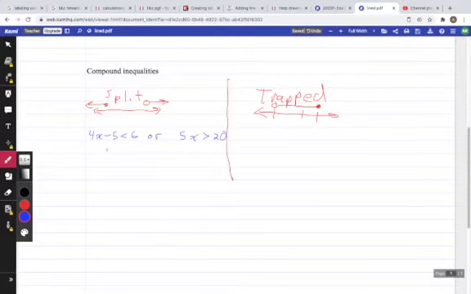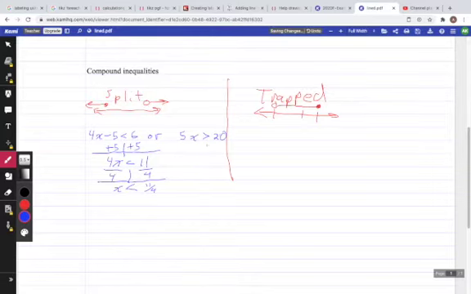All the variables are on one side of our inequality. So we're going to add 5 to both sides as we are undoing the subtraction, and that's going to give us 4x is less than 11. Then we would divide both sides by 4, and we end up with x is less than 11/4.